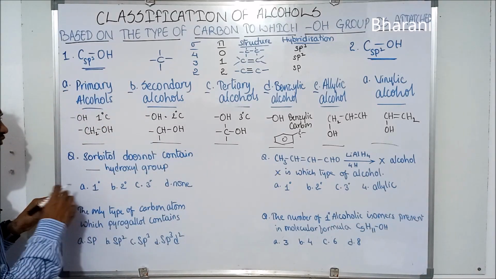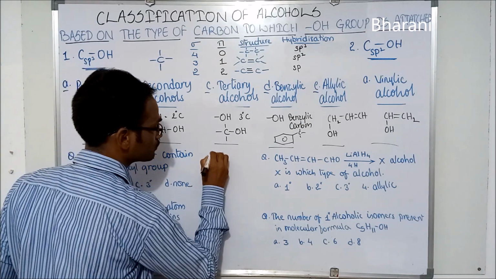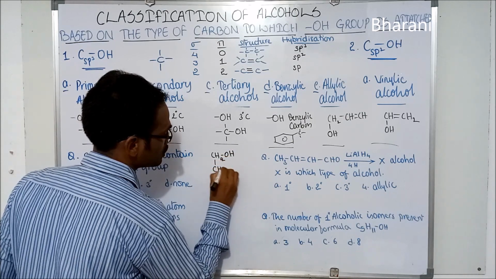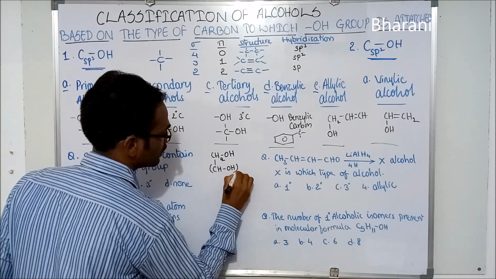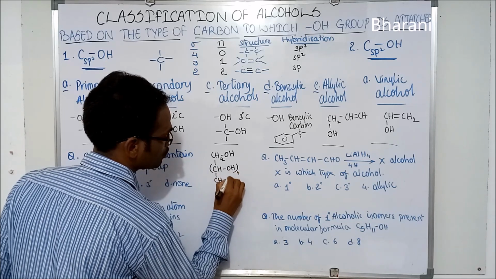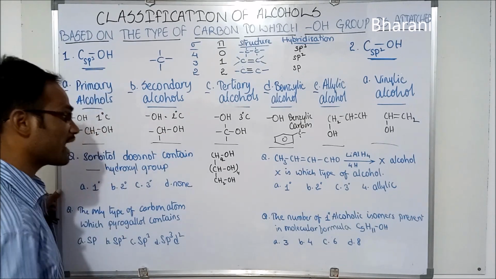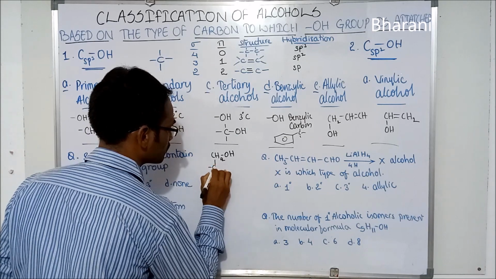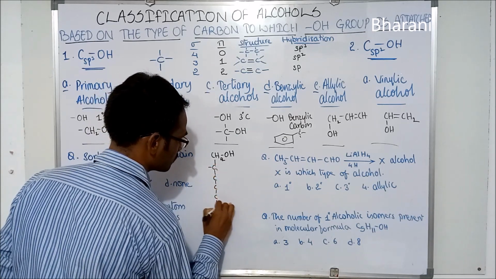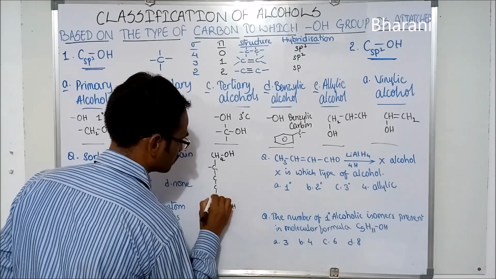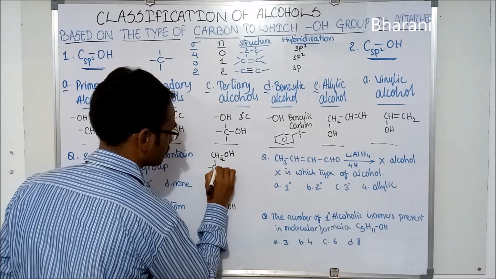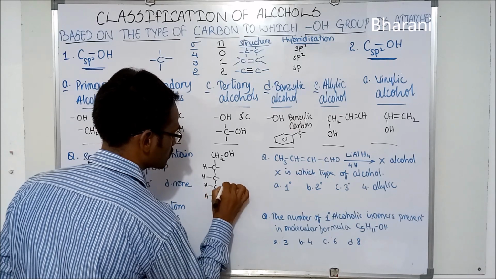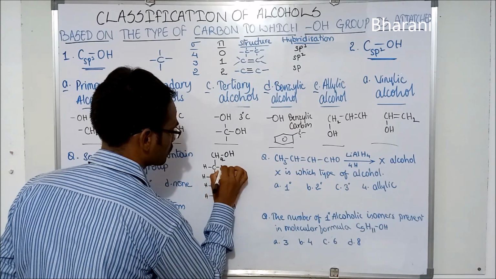Now first come to sorbitol. What is the structure of sorbitol? CH2OH, CHOH taken 4 times, CH2OH. If you expand and write it, each carbon has H's and OH groups.